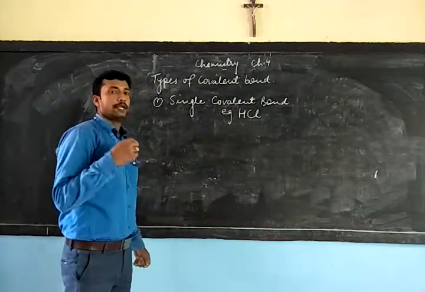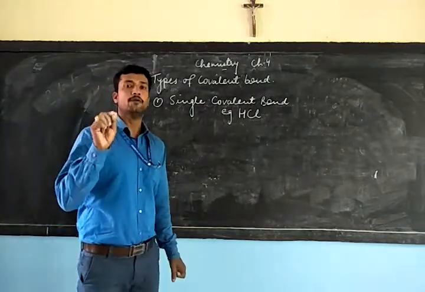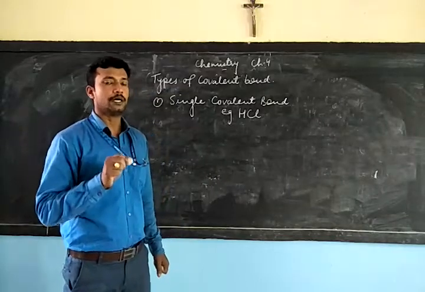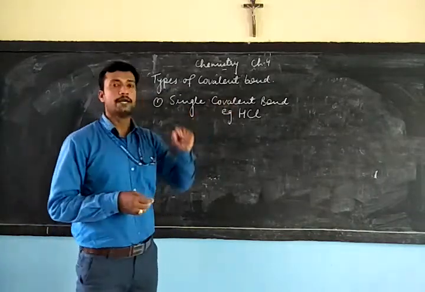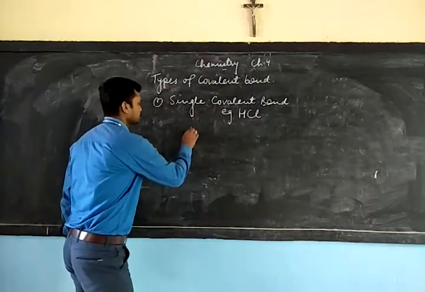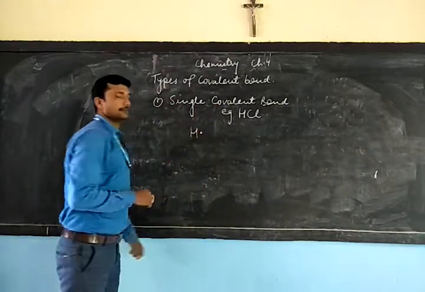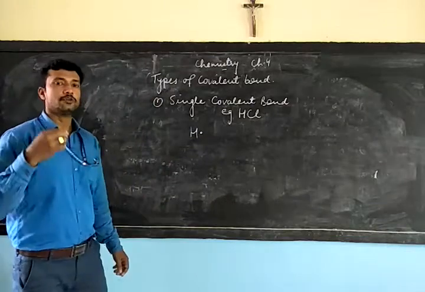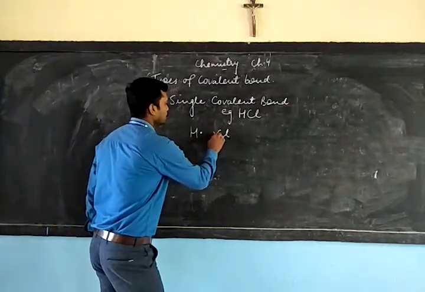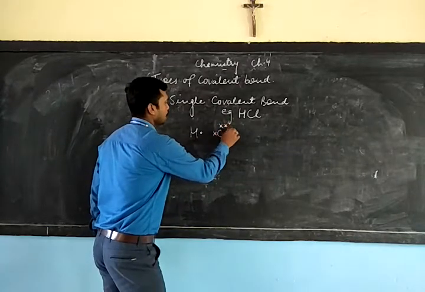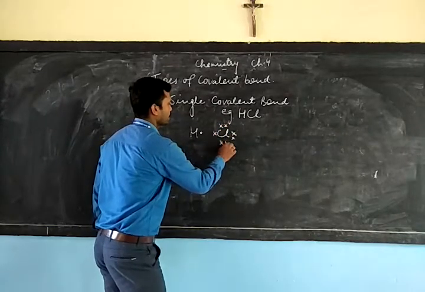As you know, for an electron dot structure, we require only the valence electrons around the combining atoms. So hydrogen has only one valence electron. We can write 1. For chlorine, as you know, there are 7 valence electrons. So we can put these 7 electrons around the chlorine atom.